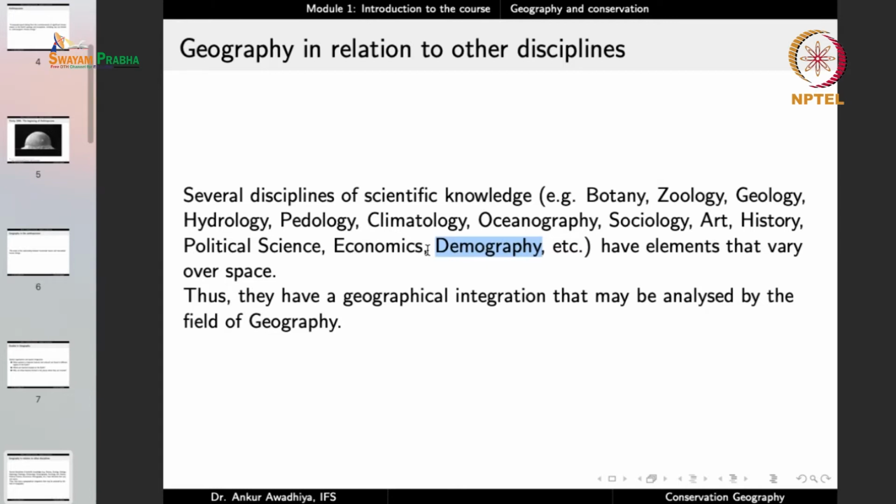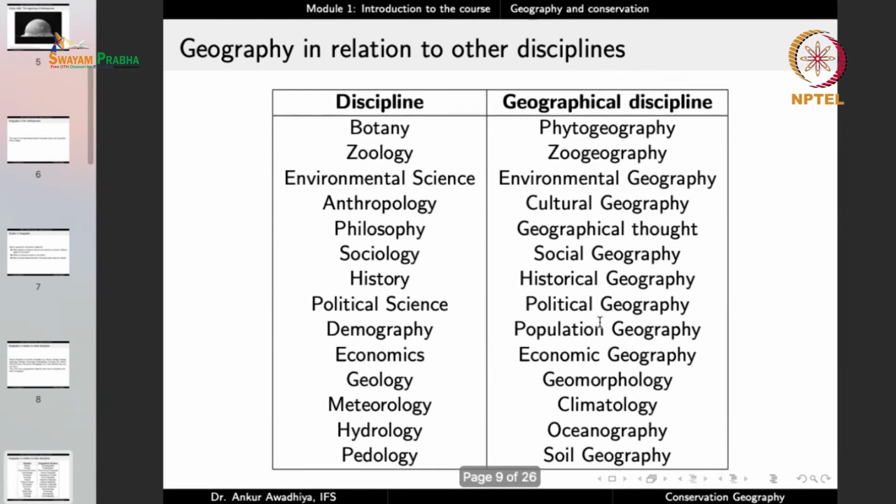So in each and every one of these disciplines, if they have elements that vary over space, then we can study them in geography. And thus, these different disciplines have a geographical integration that may be analyzed by the field of geography. And because of that, we have several disciplines in geography.